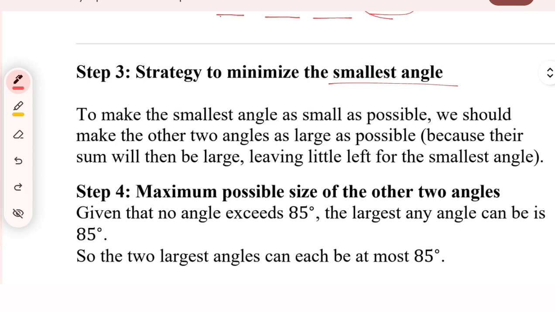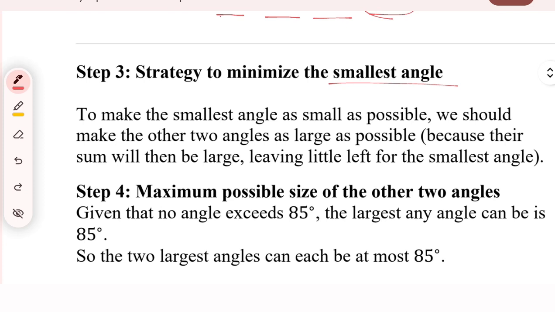Just imagine this: the sum of the three angles is 180, right? If we have two angles that are already as large as possible, the third angle must be the smallest, because the summation of the three angles must not exceed 180. So if the two angles are already large, then the third angle must be small. And that could be the smallest angle that we need.